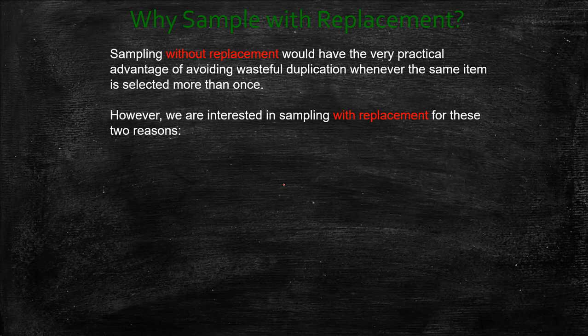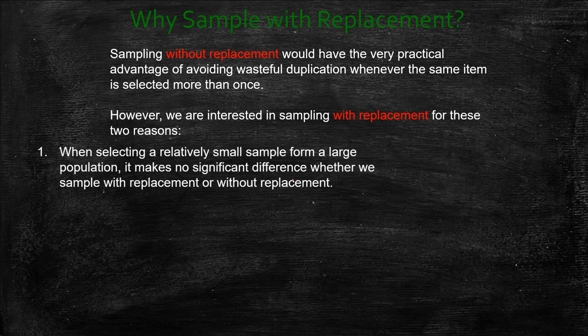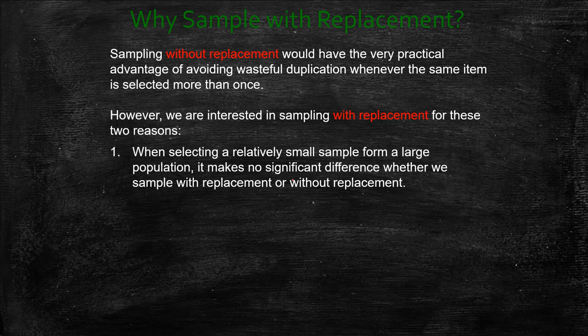However, we're doing this with replacement, like we put Richard back into the pool of people to pick from again, because of two reasons. When we have a small sample, like n equals 2 from a large population, it's not going to make any difference if we have it with or without replacement, right? That's not going to matter. Granted, we had a small population and a small sample, so it did matter, but relatively small samples in a huge population, not going to make a difference.